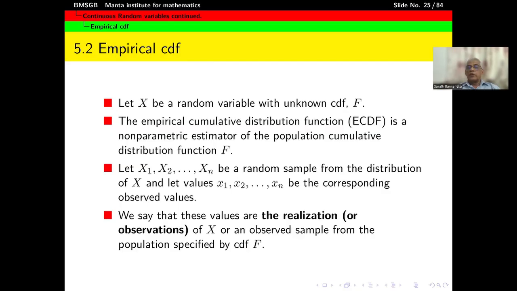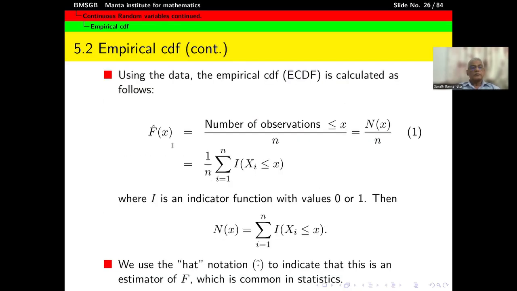Now we will estimate the cumulative distribution function F using these observed data. So using the data, the empirical cumulative distribution function is calculated as follows.